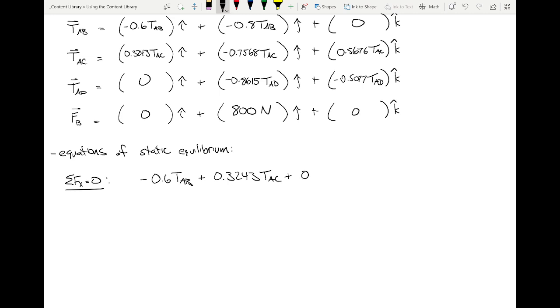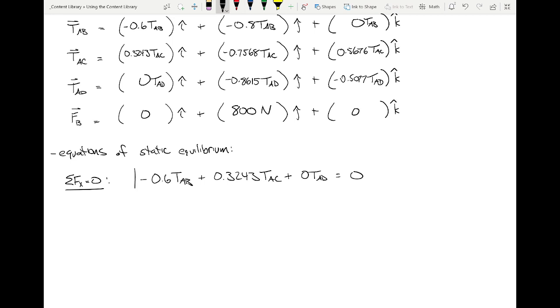I'm going to do 0 TAD equals 0. I'm actually going to write the 0 TAD. If you want, you could go up here and say this is 0 TAD, and maybe put up here this is 0 TAB. There's a reason I'm doing that. You'll understand why in a bit.